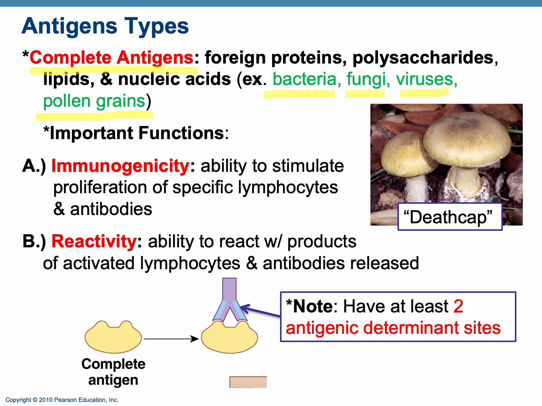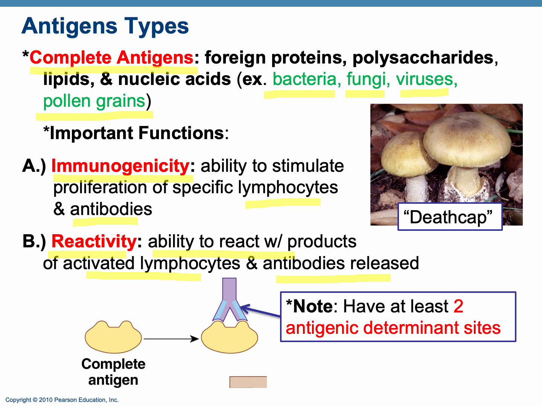They have important functions. They have the property of immunogenicity, the ability to stimulate proliferation of particular lymphocytes and antibodies, and the property of reactivity, the ability to react with products of activated lymphocytes, and hence antibodies released.